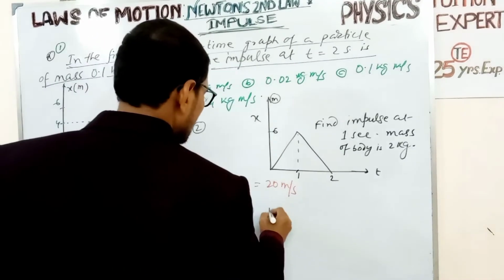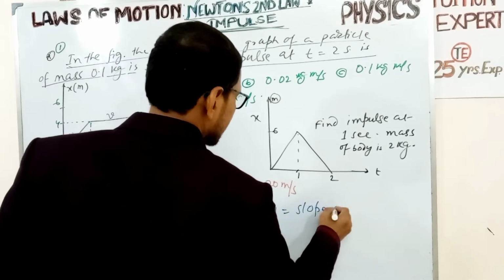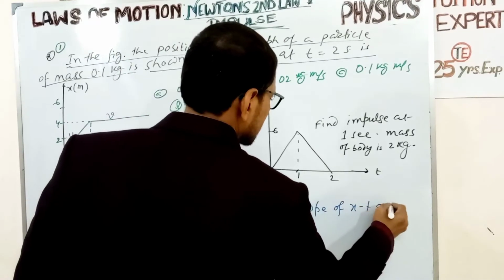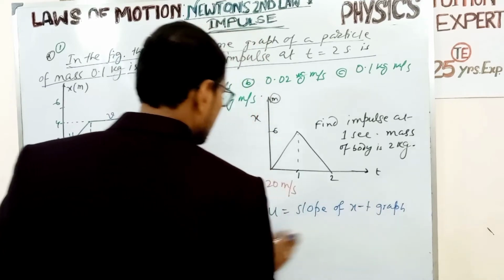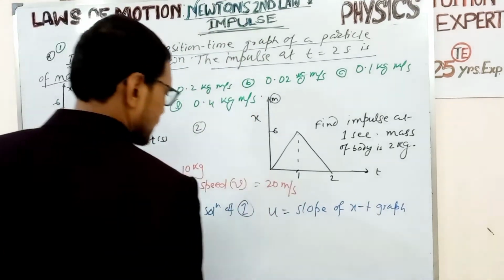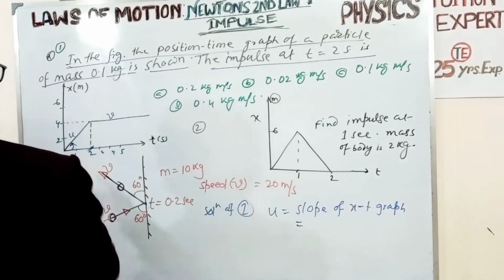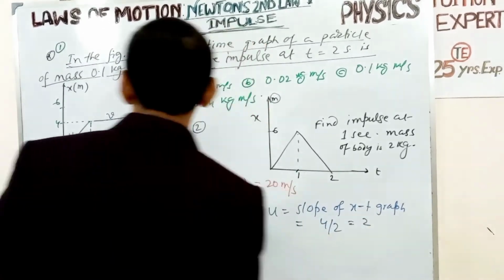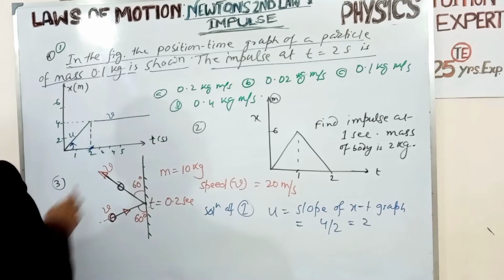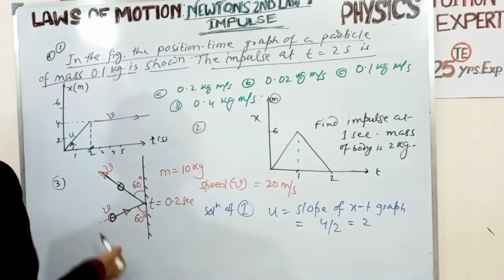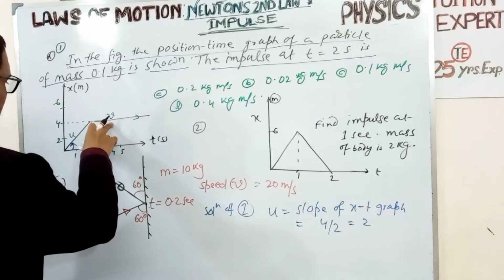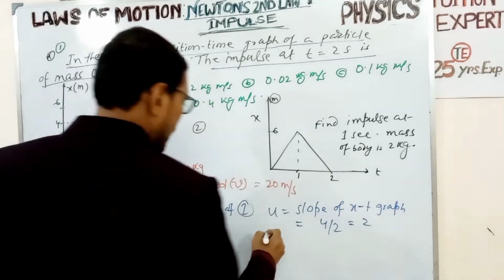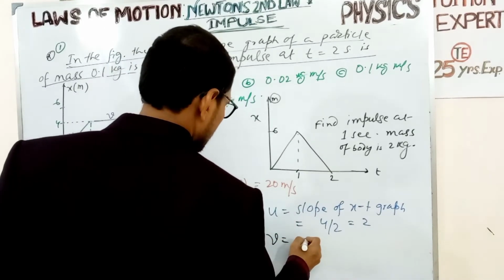So u equals slope of x-t graph, that equals 4 by 2, that is 2. Now what is the final velocity? The slope of this curve is 0. So final velocity v equals 0.